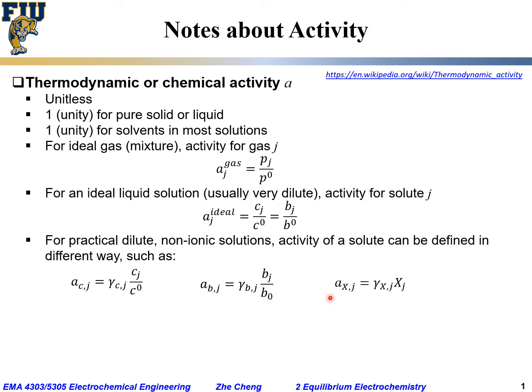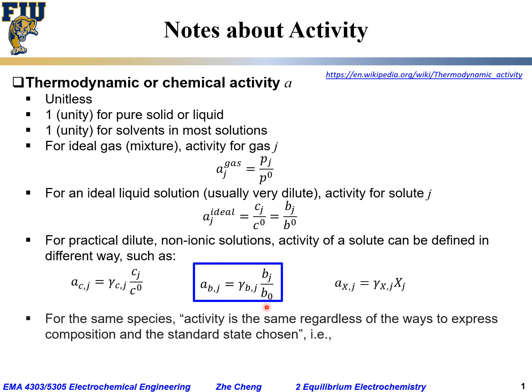And then we can also define activity for species J from the mole fraction for J, and similarly it will have its own corresponding activity coefficient. Quite often the middle one, based on molality, is the most commonly used activity and related activity coefficient that you will encounter.